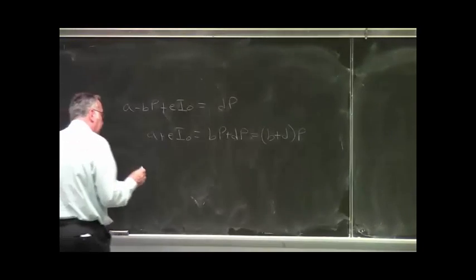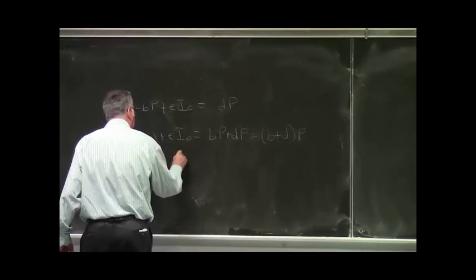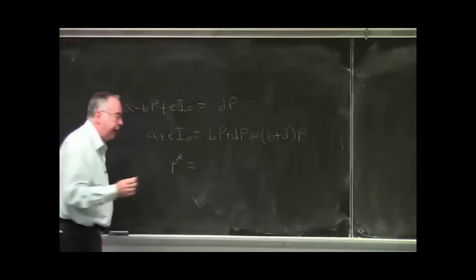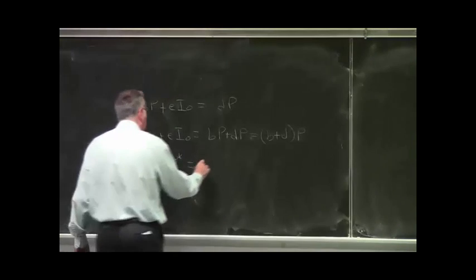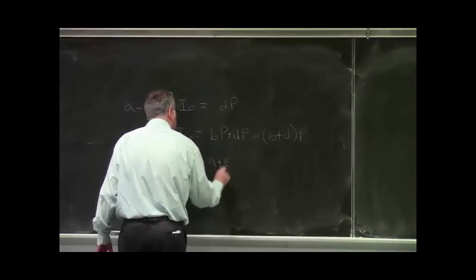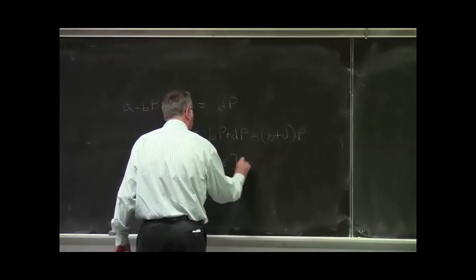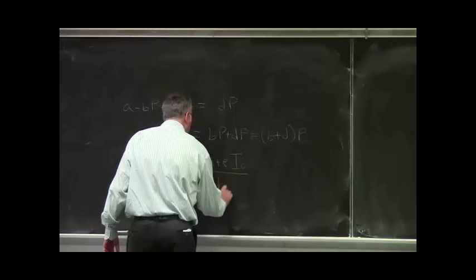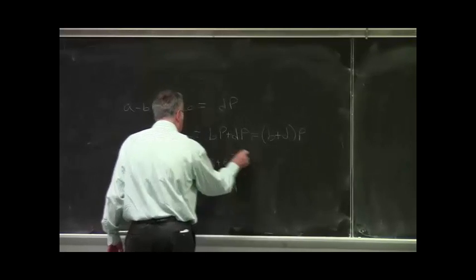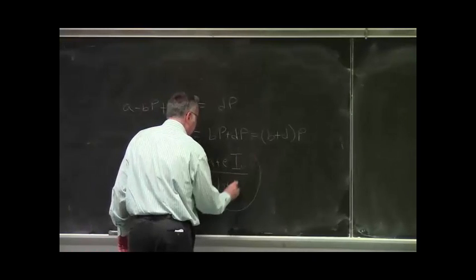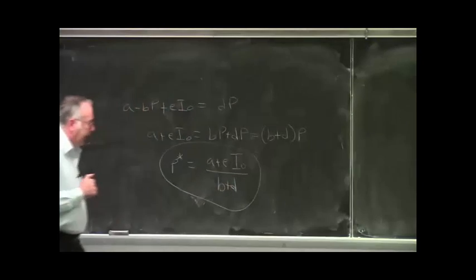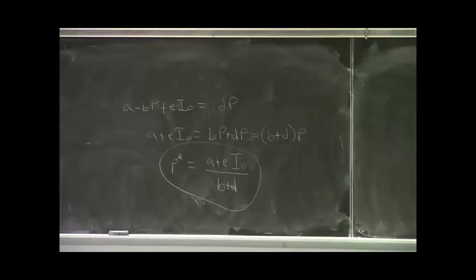Let me write the equilibrium price on the left-hand side rather than the right-hand side. So it'll just be A plus E I 0 over B plus D. Notice on the right-hand side, all we have are parameters and exogenous variables. So that's the proper form.